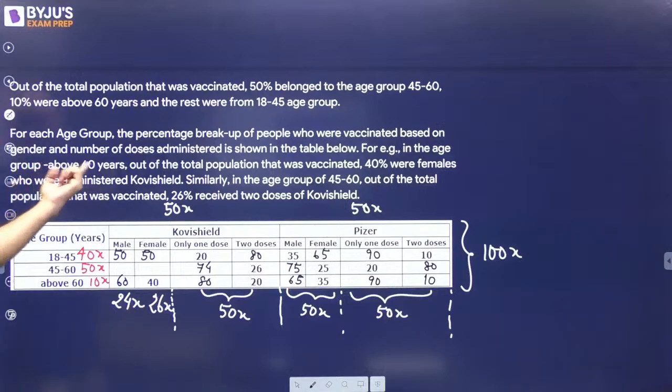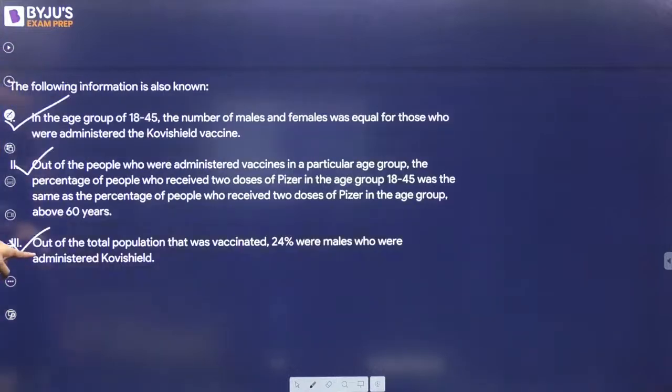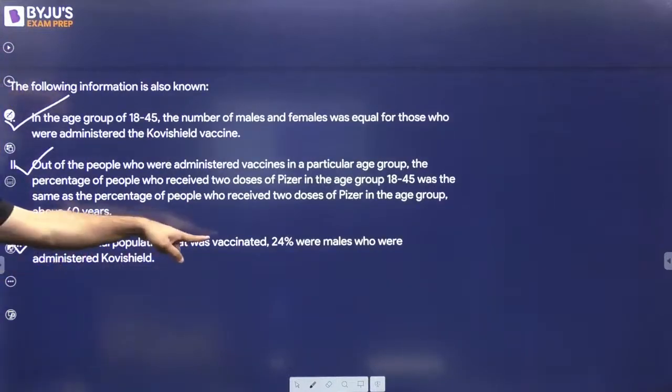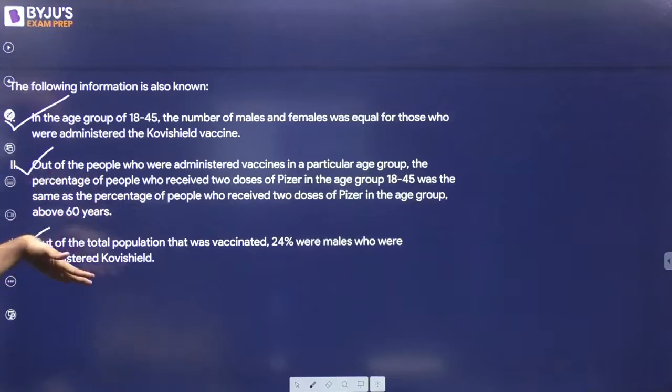Okay, so it's more like out of the total population administered Covishield at the age of above 60 years, 40% are female. Right? It is like this. So that's what makes things different.